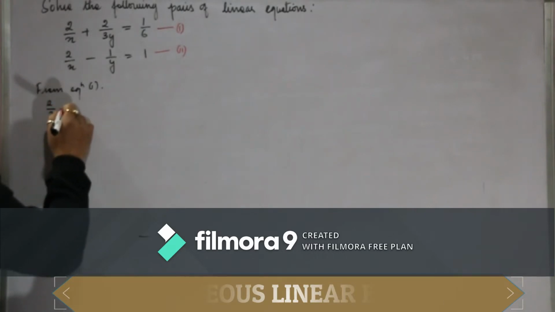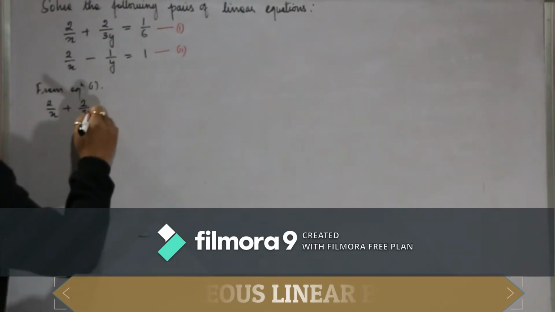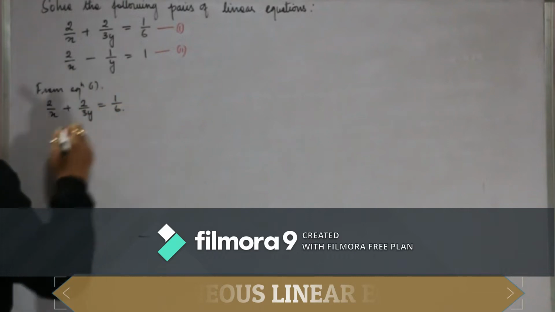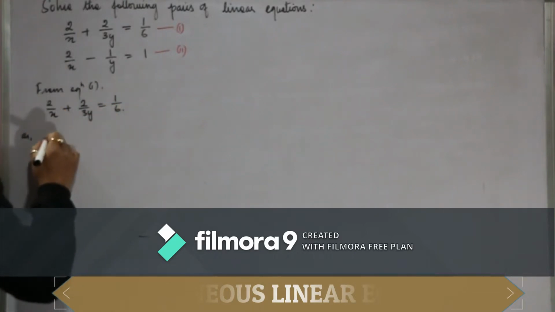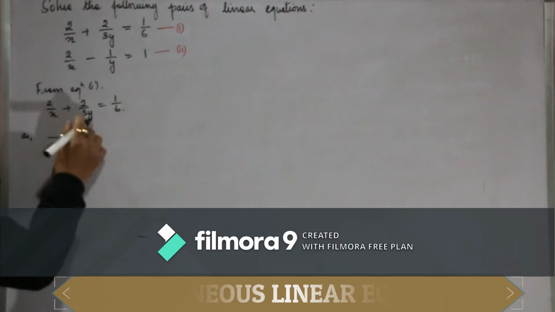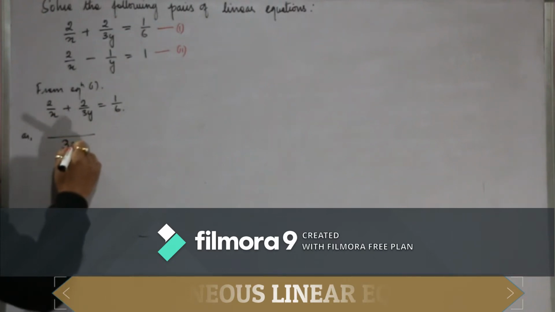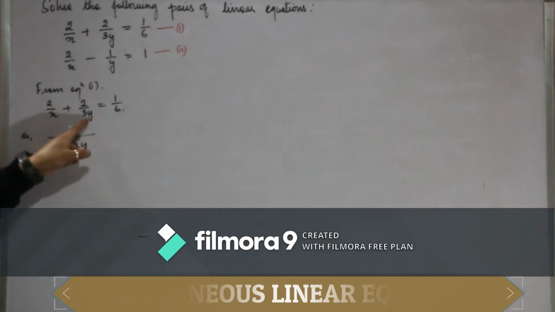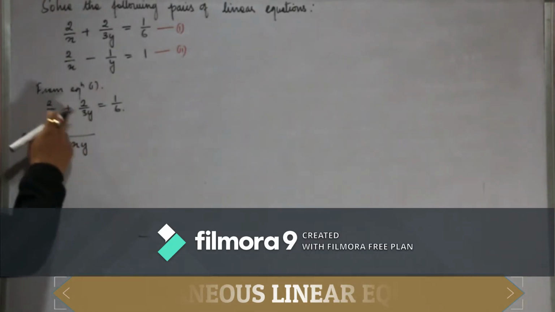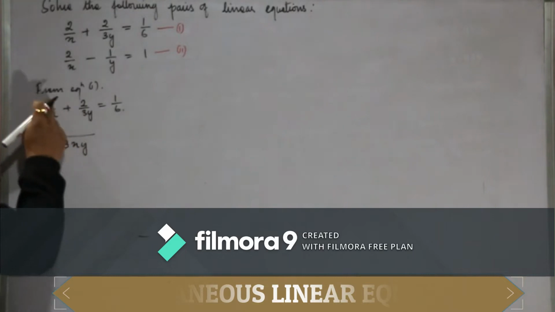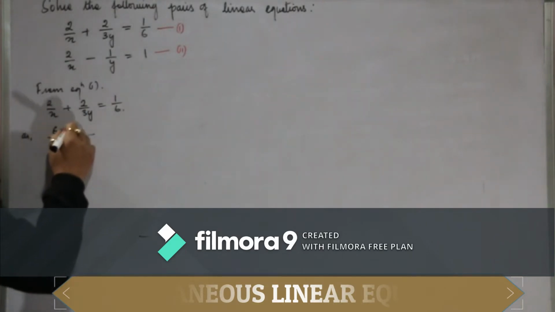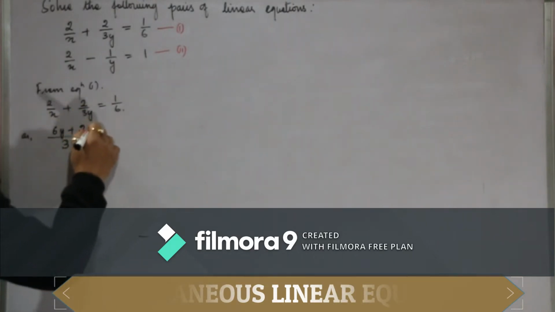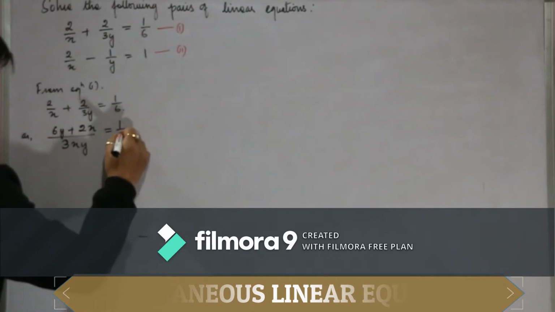2 by x plus 2 by 3y equals 1 by 6. This can be written by taking the LCM, so 3xy is the LCM. We cross multiply the numerators: 3 2s are 6y plus 2 into x, 2x, equals 1 by 6.